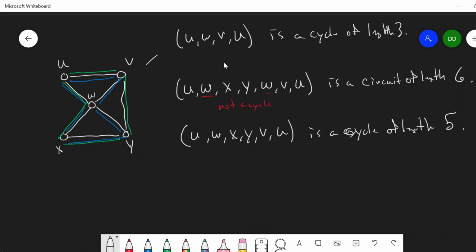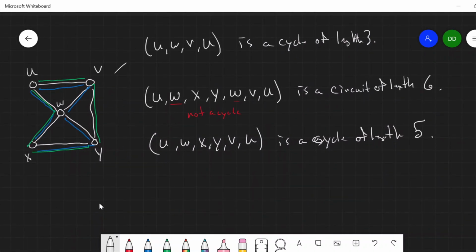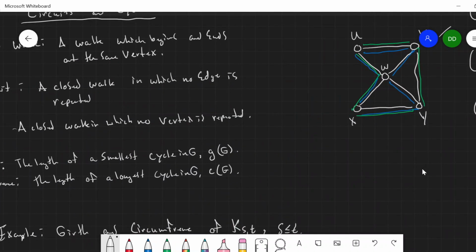So, right, none of the interior vertices are repeated. Of course, we repeat the first and last vertex, but none of the other vertices are repeated in a cycle. So that's circuits and cycles. So you should see an analog between trails and paths.